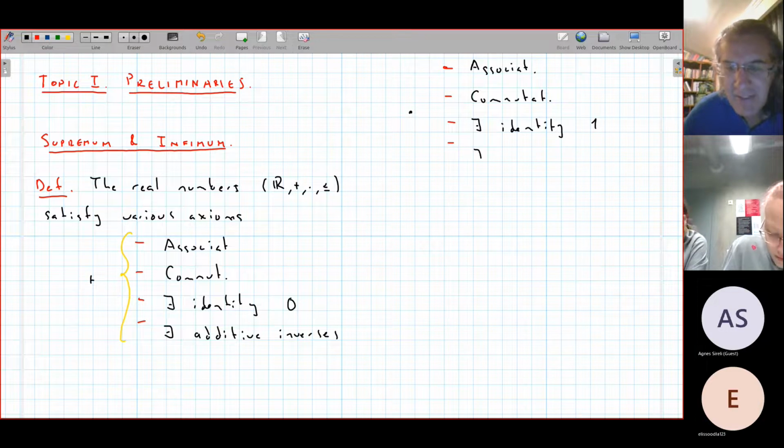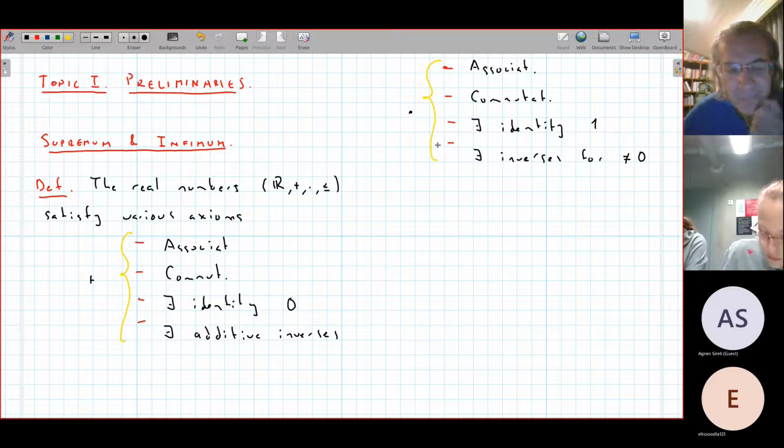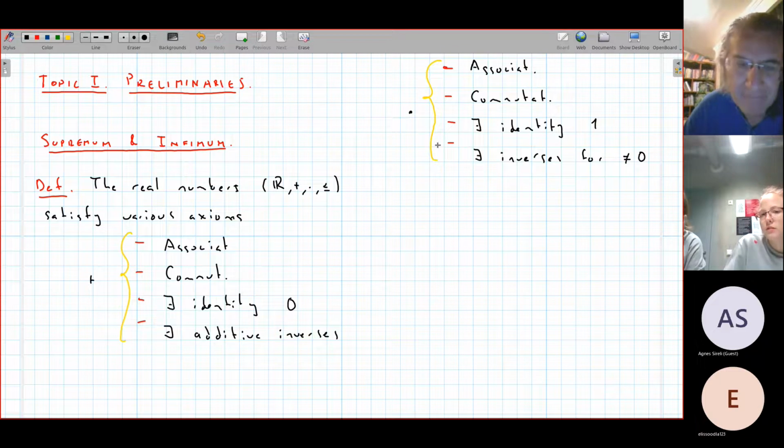And we have the existence of inverses for numbers which are not equal to 0. Again, I think you are taking abstract algebra. These properties, for instance, tell you that the real numbers with the sum is a commutative group. It doesn't matter, okay?